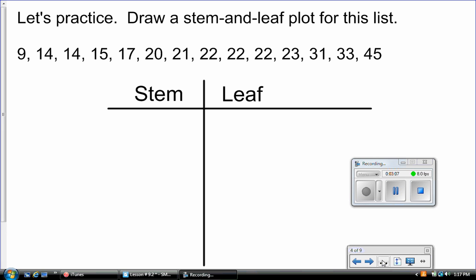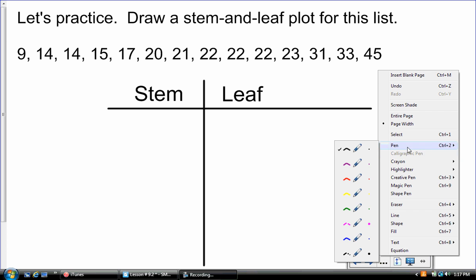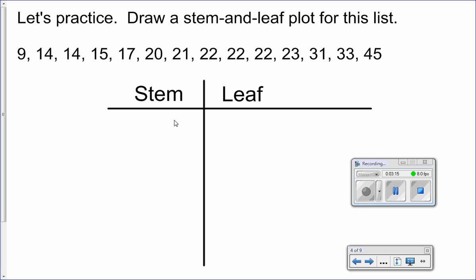Now, I'll just help you get started because you may be wondering, what about numbers less than 10? Well, what we can do is draw a 0 in the stems column, and that will show us that we have numbers that are less than 10.